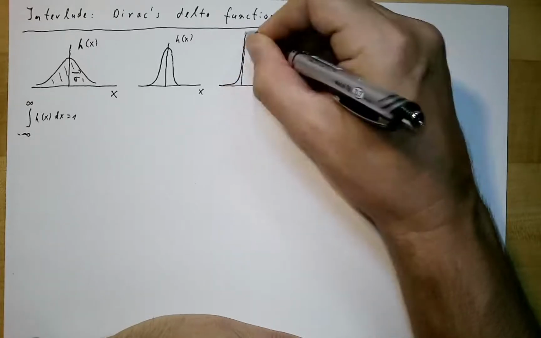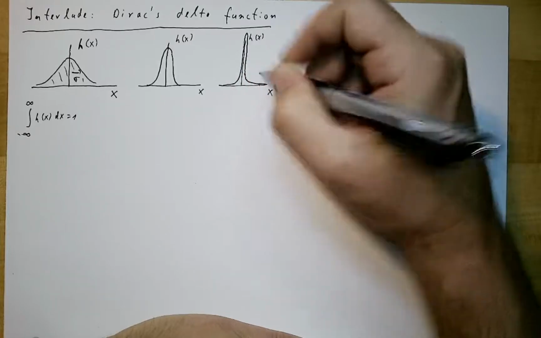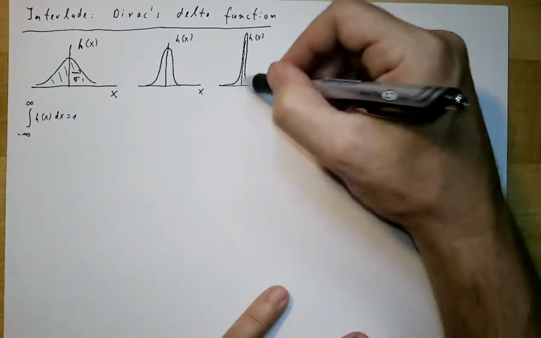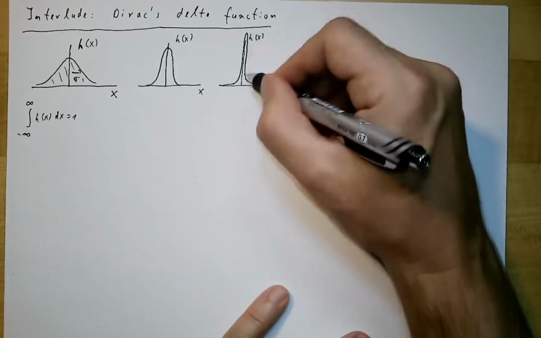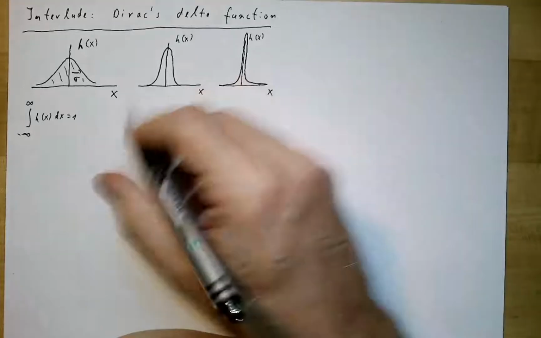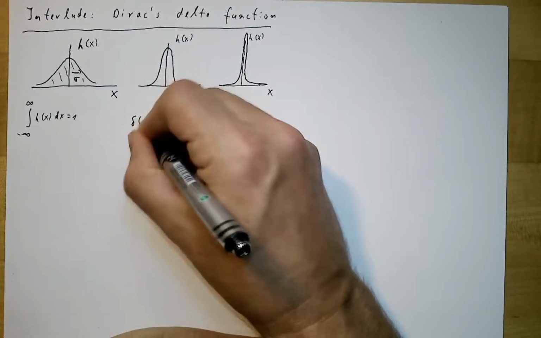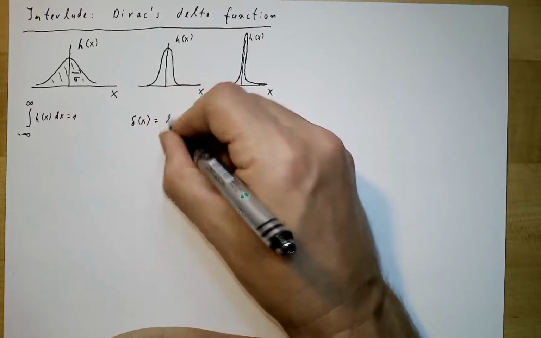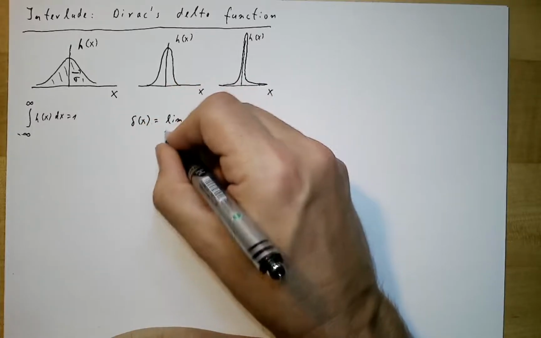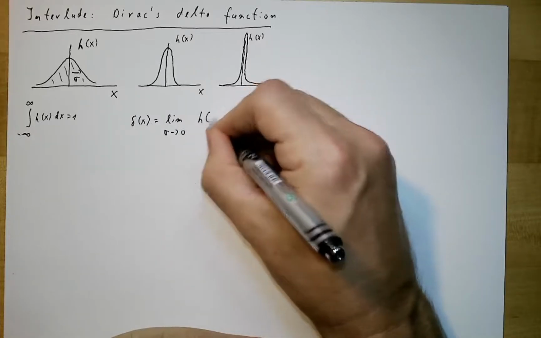Then we end up with a function which basically has all density around 0 and nothing outside. And then we say the Dirac delta function is the limit, when sigma goes to 0, of this h of x.